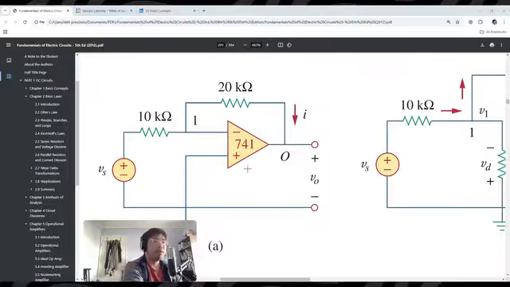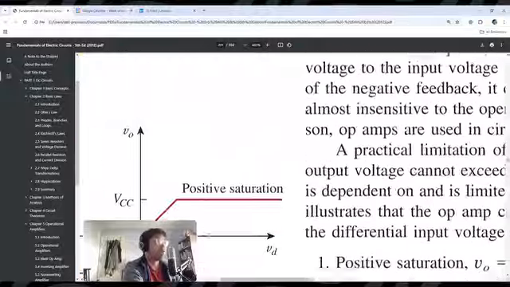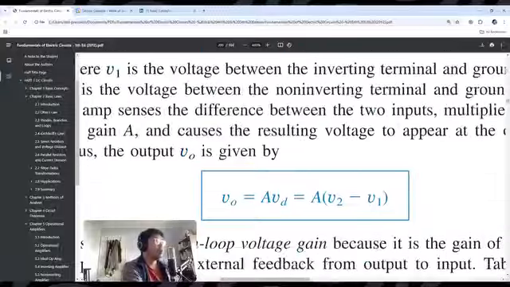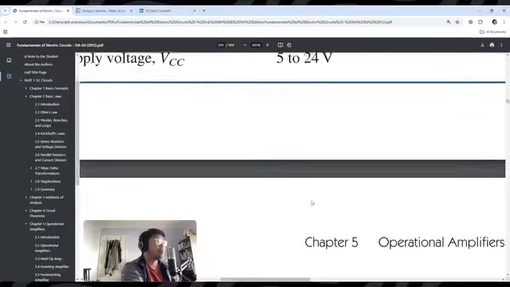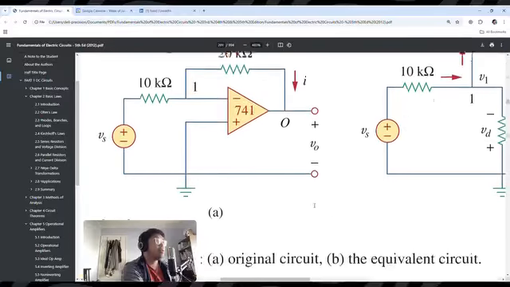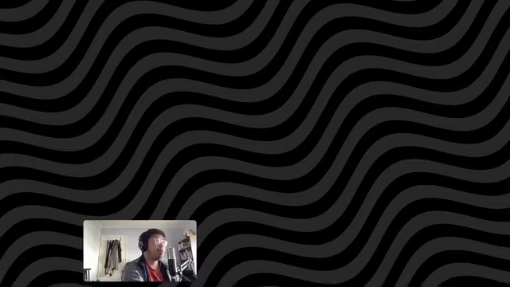V out divided by V in is going to be the closed loop gain, or what the book was showing us as a factor of A times the difference between V2 minus V1. So if A is gain, what is the gain of this circuit? V out divided by V in. Well, for an inverting op amp, it's going to be 20.